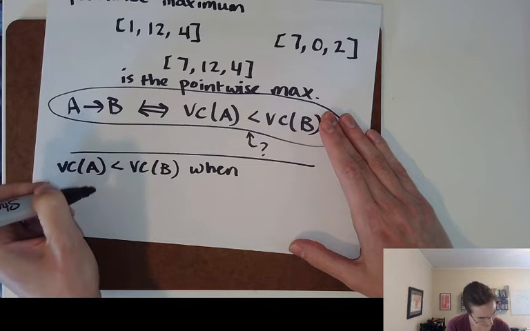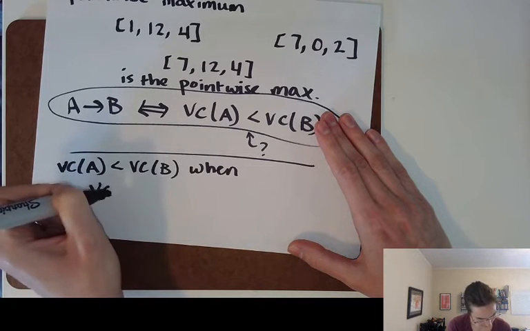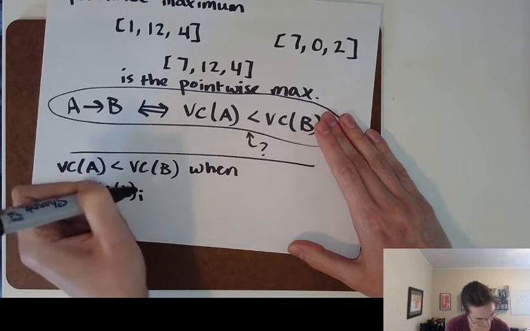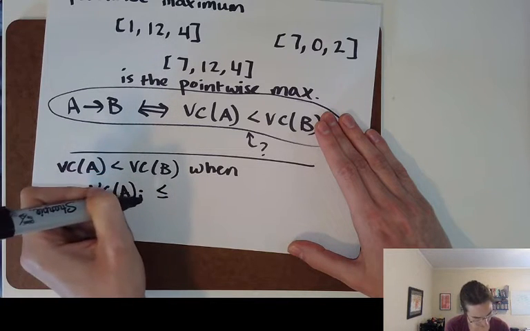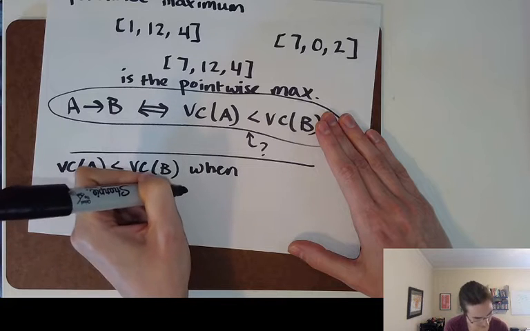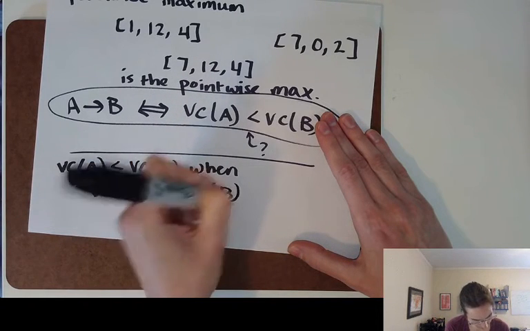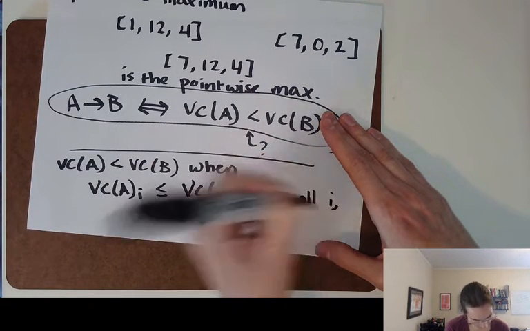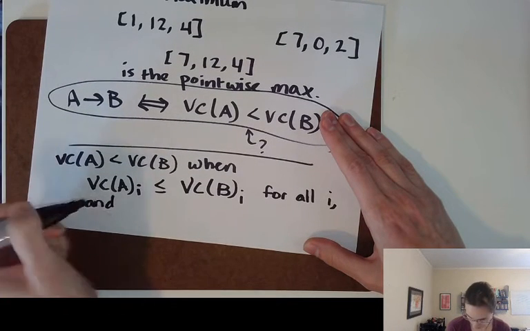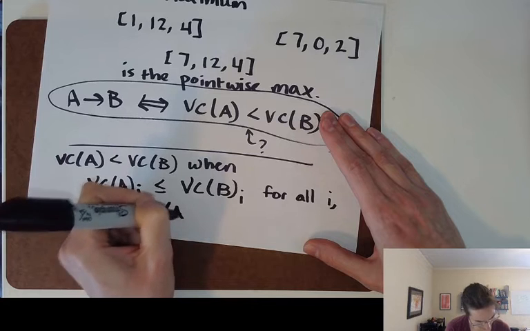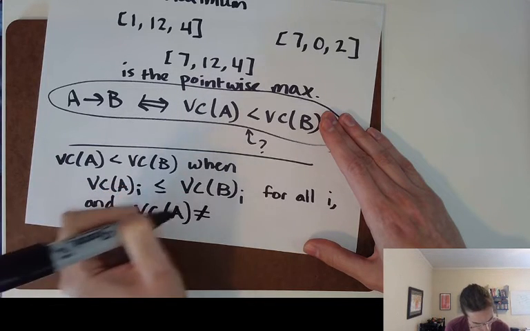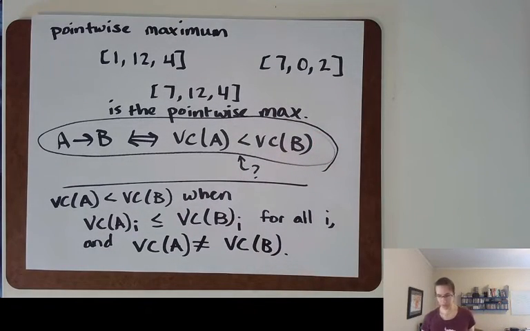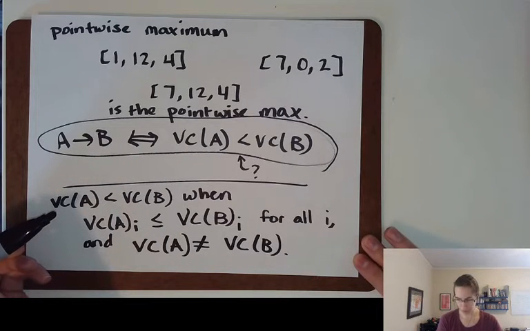So we could say at every index i, the vector clock of A at that index has to be less than or equal to the vector clock of B at that index for all i, and the vector clock of A is not equal to the vector clock of B. So this is a way to make this strictly smaller comparison between vector clocks.